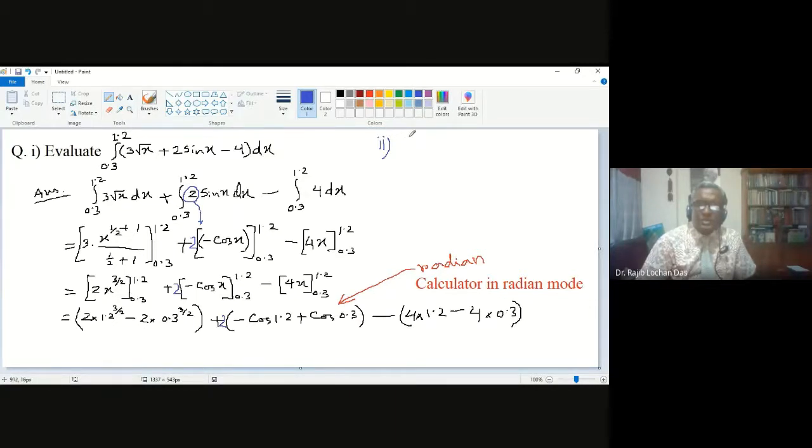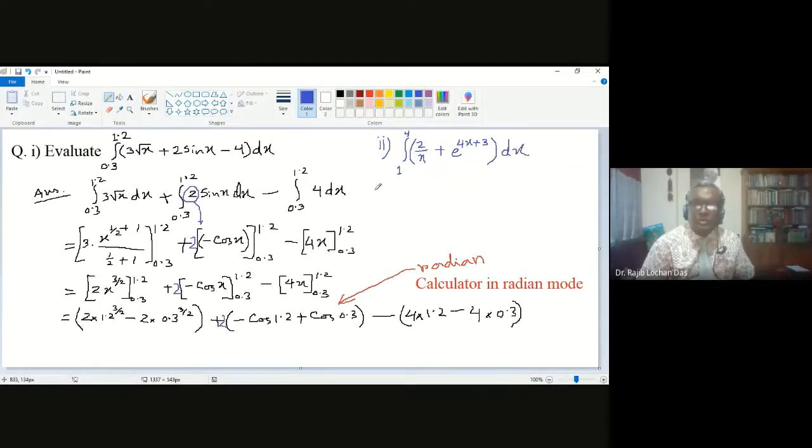Say it is the integral from 1 to 4 of 2 by x plus e to the power 4x plus 3. Okay, I gave it like this. Say this is the question.